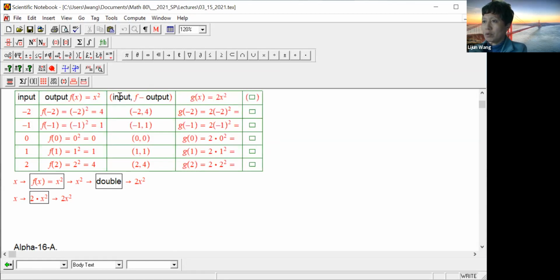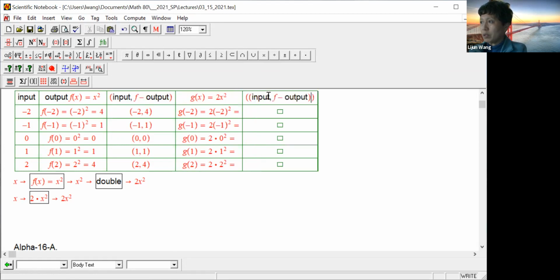And of course, we're going to compose input, output, and this time it is going to be G output. What is 2 times -2 squared? You have to do exponents first, right?